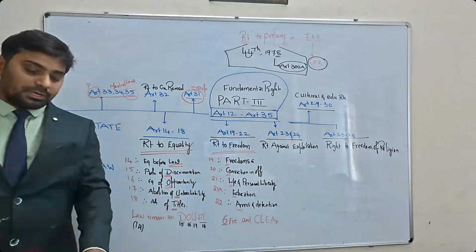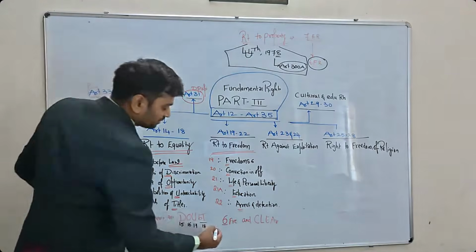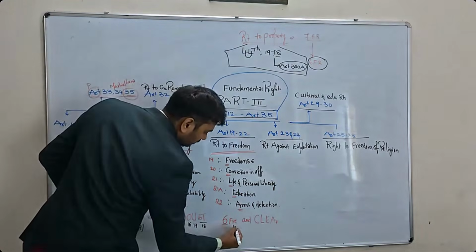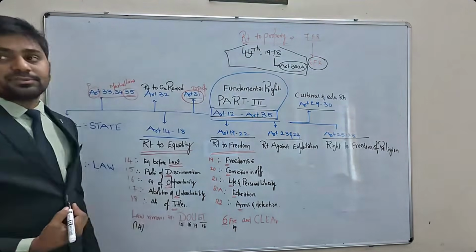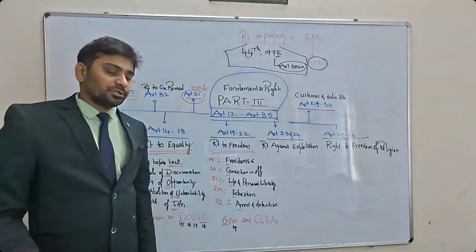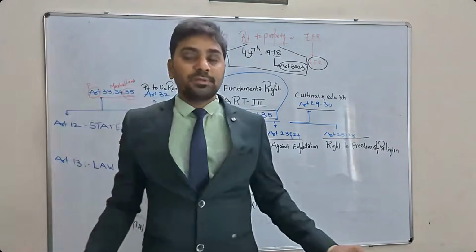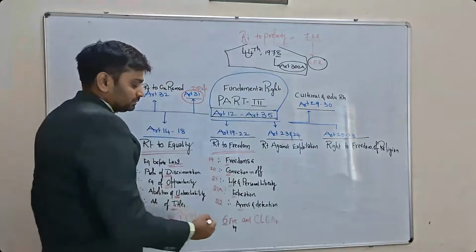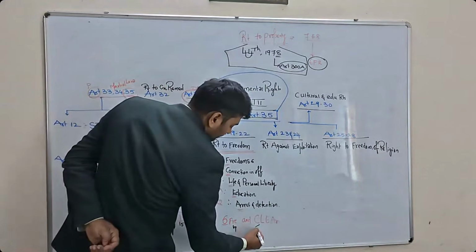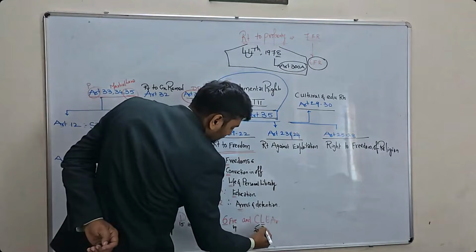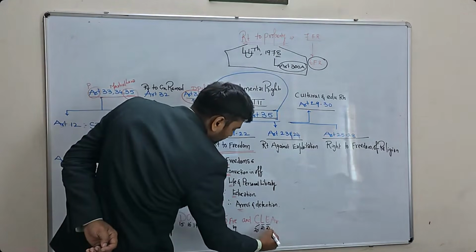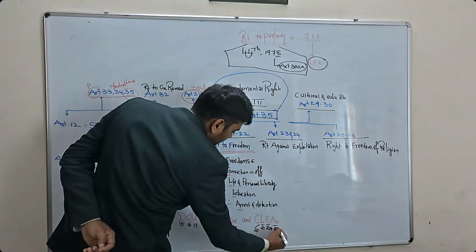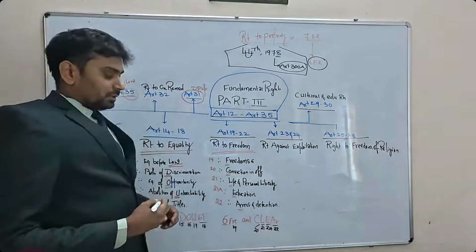So Article 19 speaks about the 6 freedoms, and the rest are the clear protections. C, Article 20, conviction; life and liberty, Article 21; education; and arrest, Article 22.